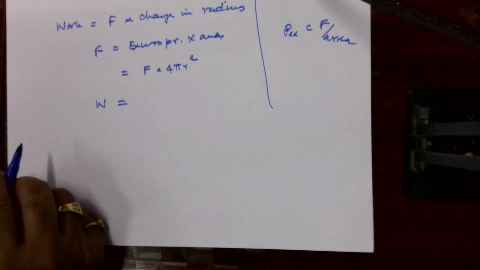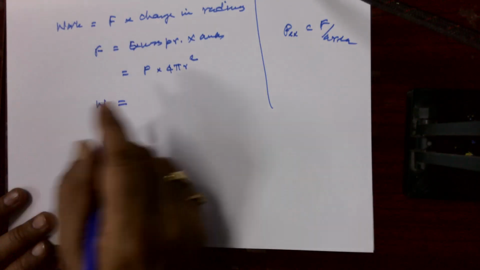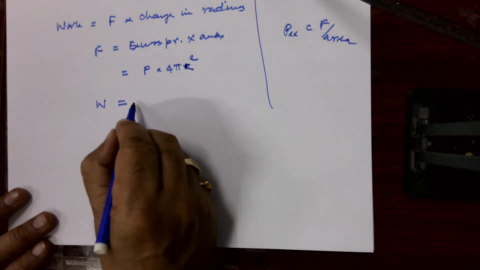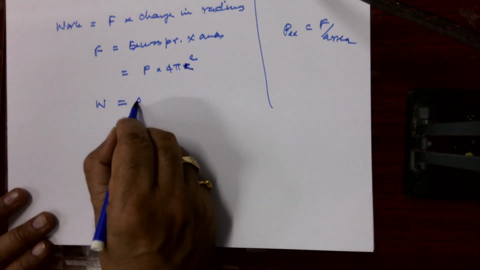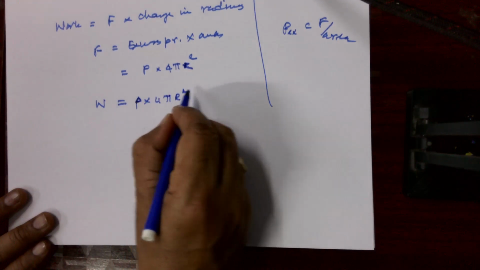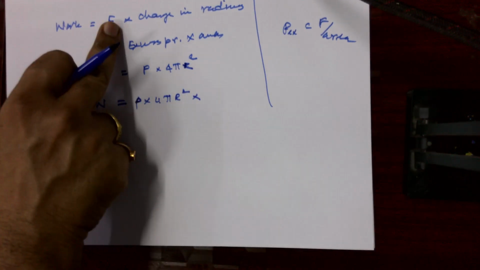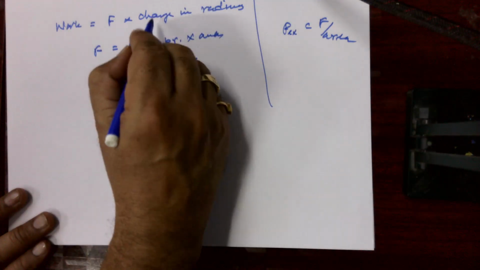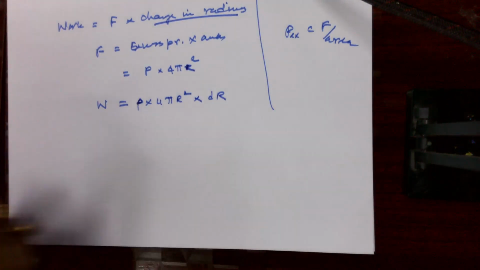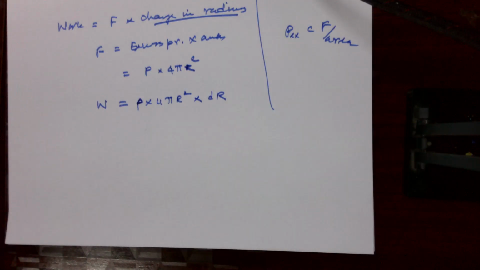W is equal to P into 4 pi r square, that is the force, and the change in radius is this much, dr. Are you able to follow now?